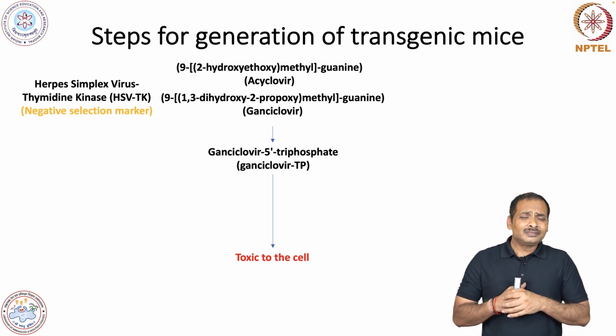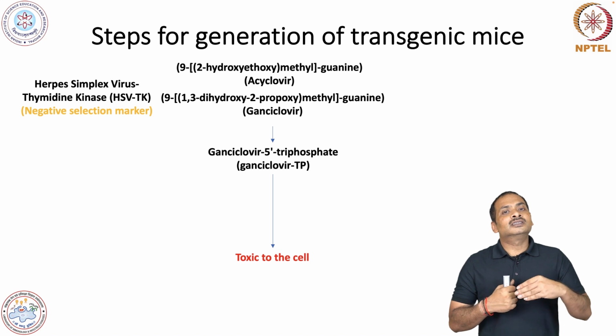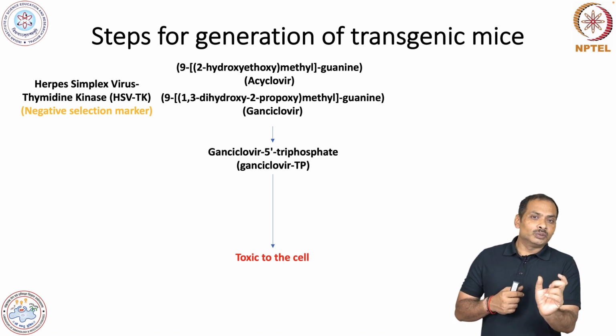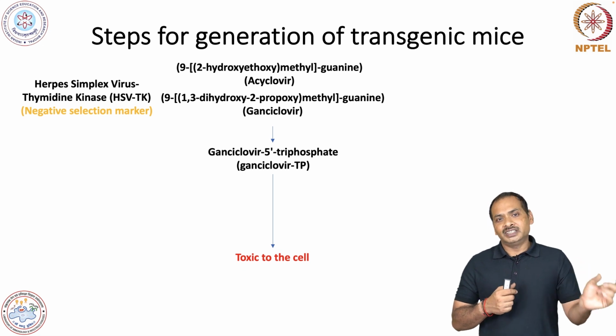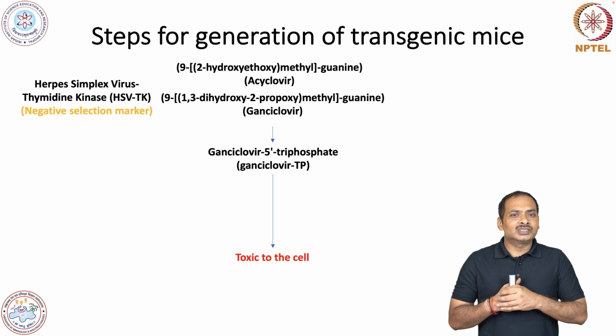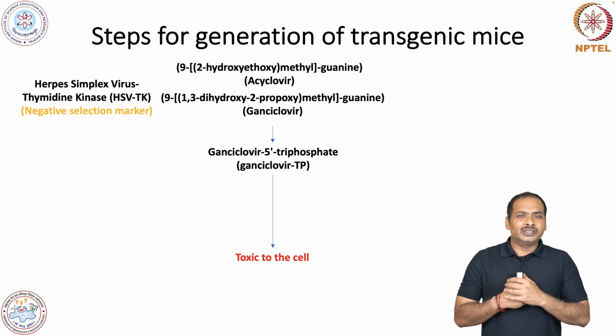Okay. And if homologous recombination is perfect, then you will get the mutant cell, which will have only neomycin but not the HSV-TK gene. Okay. Then you can collect those cells, and then you can move further. Just here I would like to give a note.